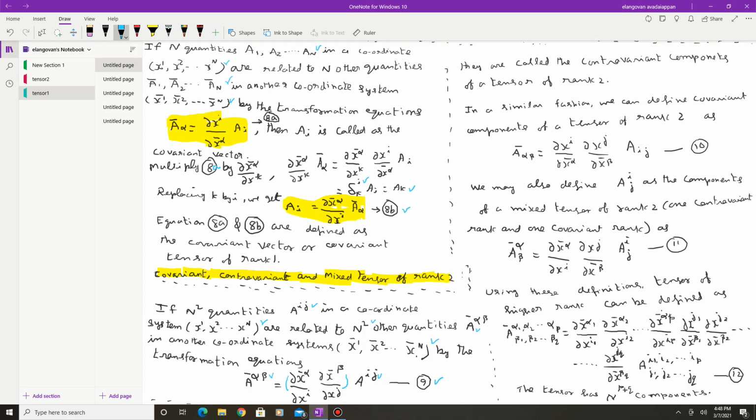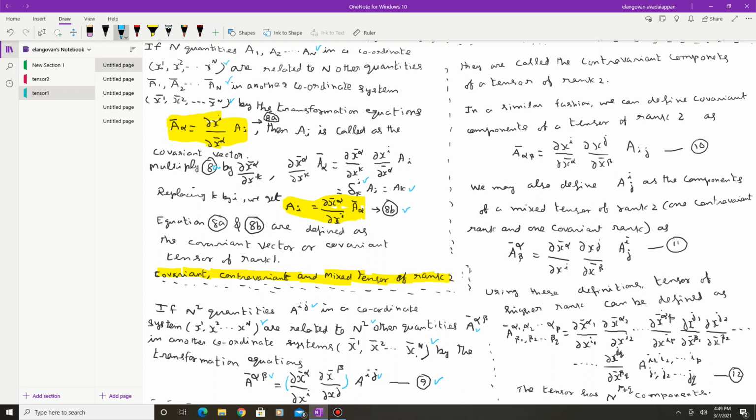Then we can call this a contravariant tensor of rank 2. For a contravariant tensor, the indices must be in the superscript.